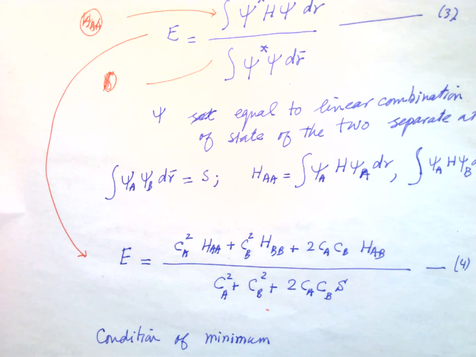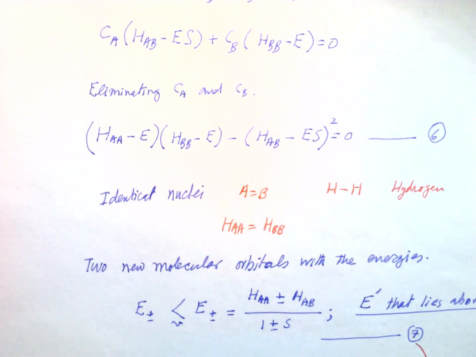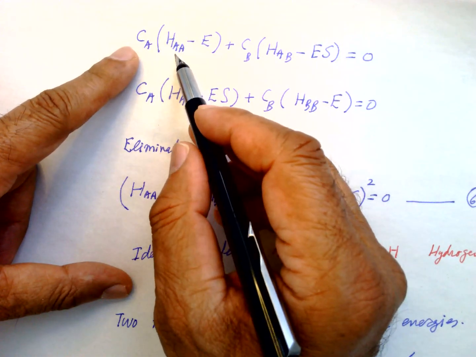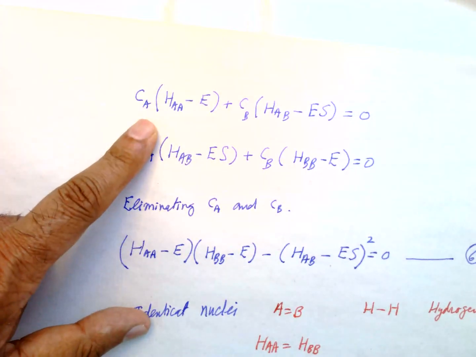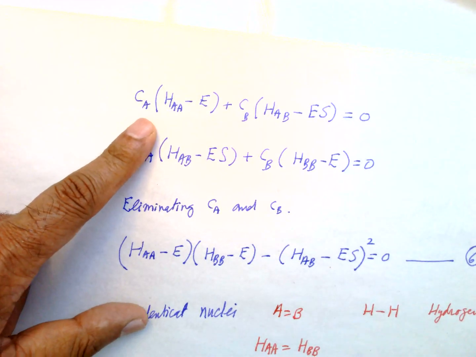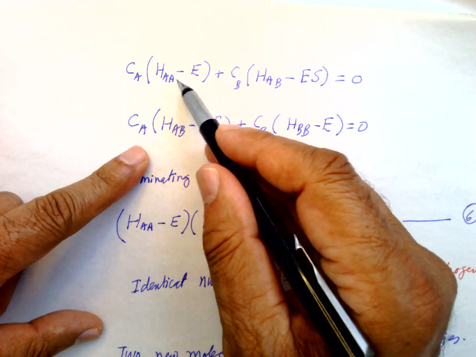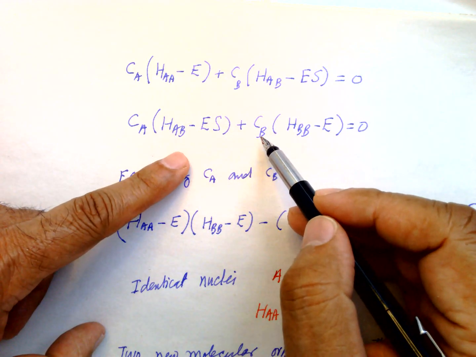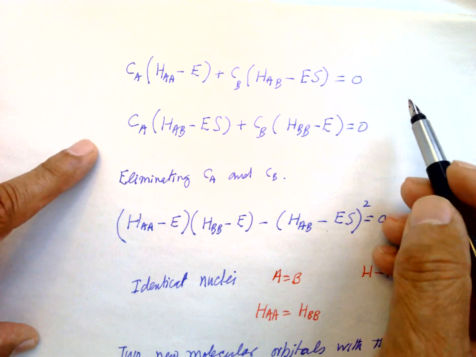The condition of minimum energy is that the gradient of energy with respect to CA and the gradient of energy with respect to CB are equal to 0. These conditions will give us two equations: CA times (HAA minus E) plus CB times (HAB minus ES) equals 0, and similarly CA times (HAB minus ES) plus CB times (HBB minus E) equals 0.